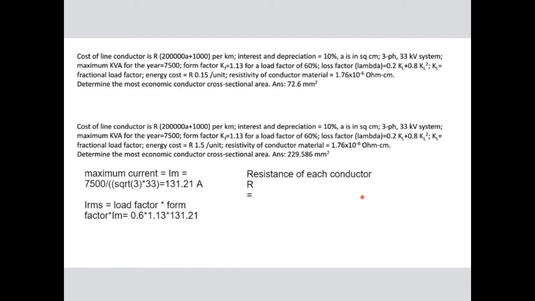So it's rho L by A. So rho is given as 1.76 times 10 to the power minus 6, over L. L is not known, so we can assume it to be 1 kilometer, because the cost of line conductor is in kilometers. So if we choose 1 kilometer, it will be easy for us. So over A is many ohm.